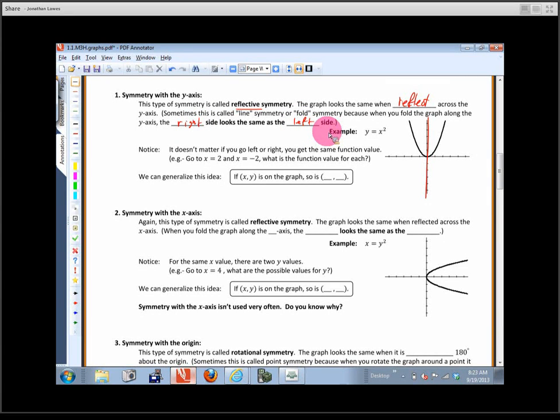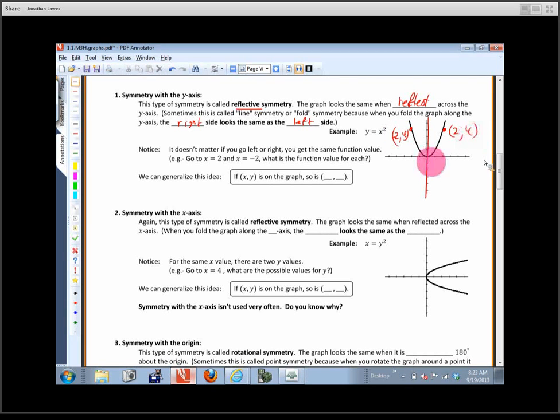On this particular graph, if I plug in a 2, I get a 4. What happens if instead of going to the right 2 from the origin, I go to the left 2? Negative 2, 4. I get exactly the same y value.